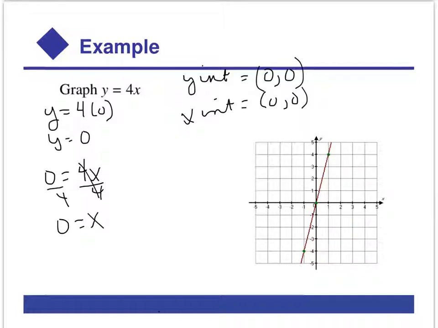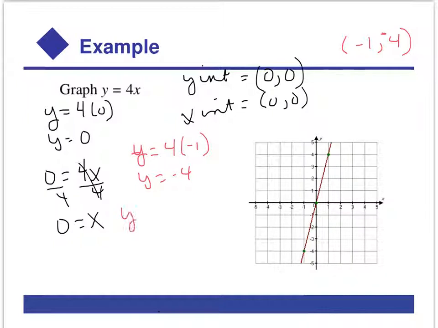So it crosses both. So now we need a couple more points to plug in. I would just pick something simple on either side of 0. So how about -1 and +1? If I let x be -1, y equals 4 times -1, so y equals -4. So now I have a point, (-1, -4).